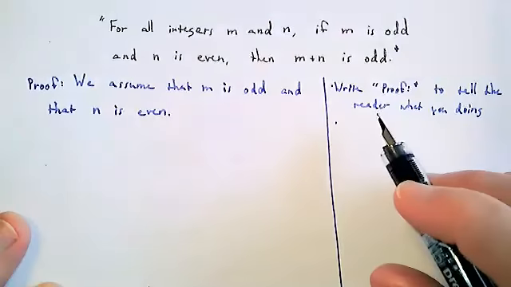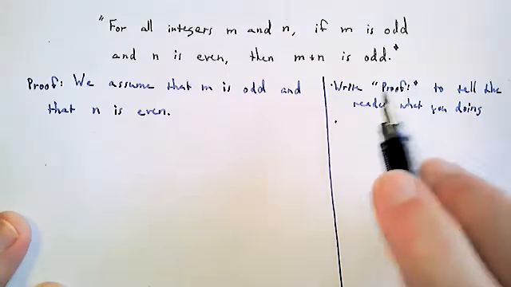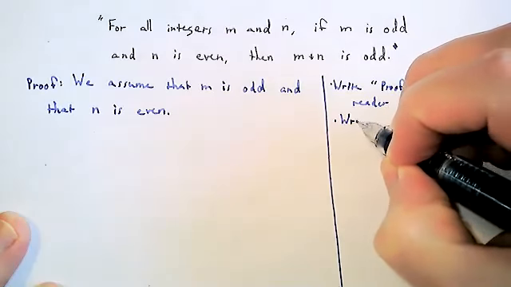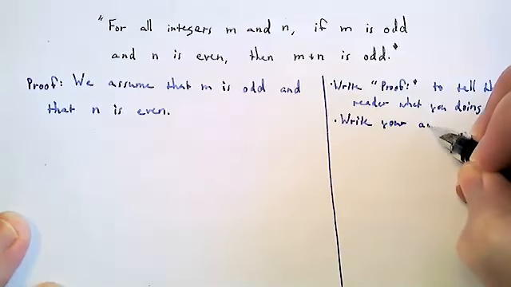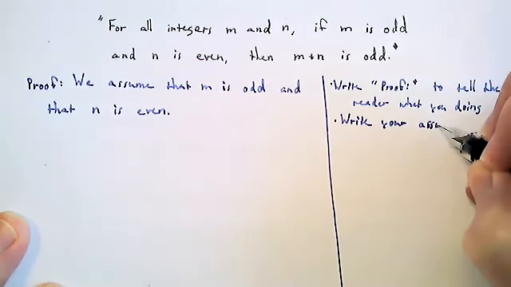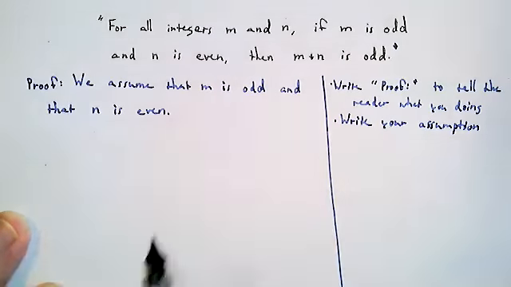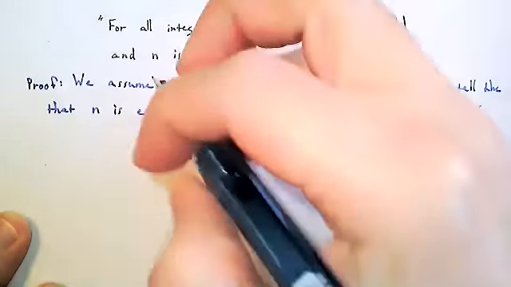So next, and this is my guide essentially to what we're doing, is to write what you're assuming. So write your assumption. And then next, write what you're going to prove, what you're going to show is true. And that's the conclusion of the conditional.